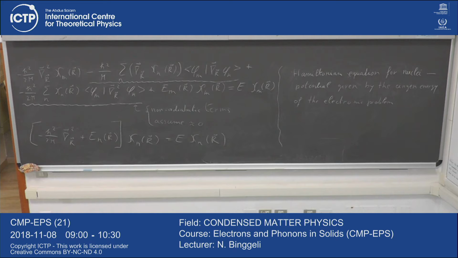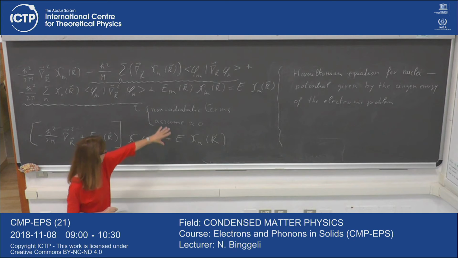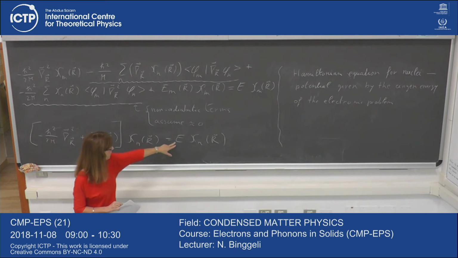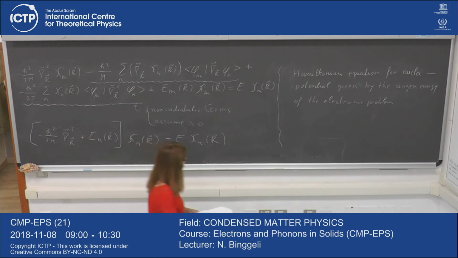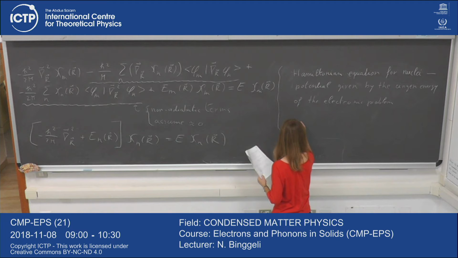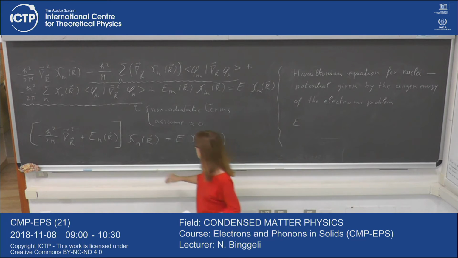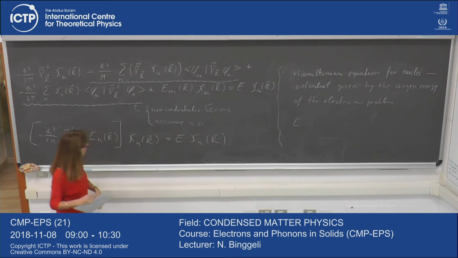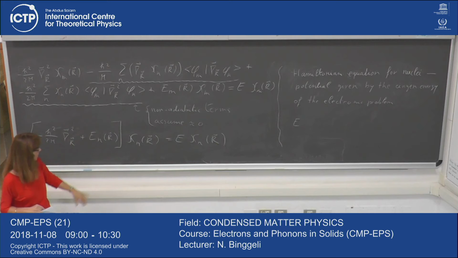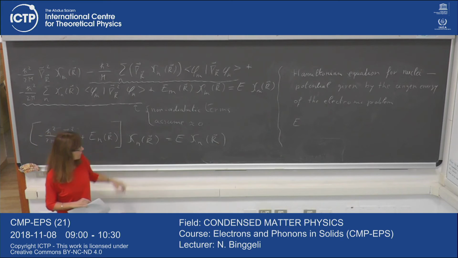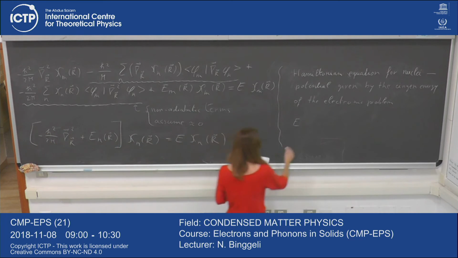Anyway, I will show you this a bit later, but now I want you also to see that in this equation, the E will depend on the state in which the electron is, that is, on the quantum number n of the electron.